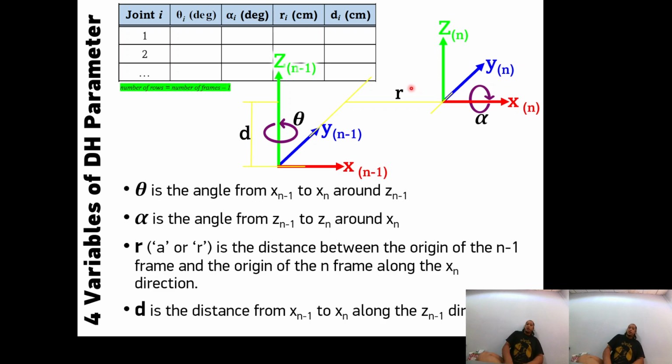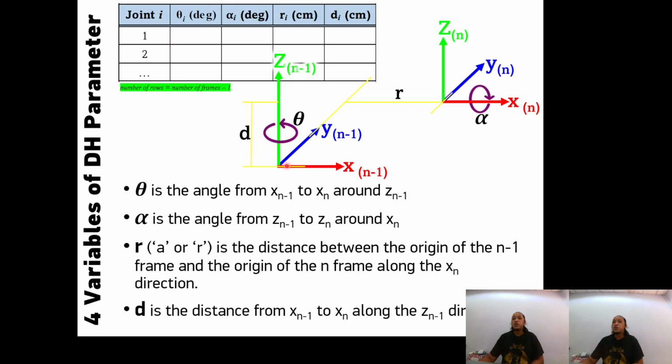And what is d, the fourth variable? d is the distance from x n minus 1 to x n along the z n minus 1 direction.